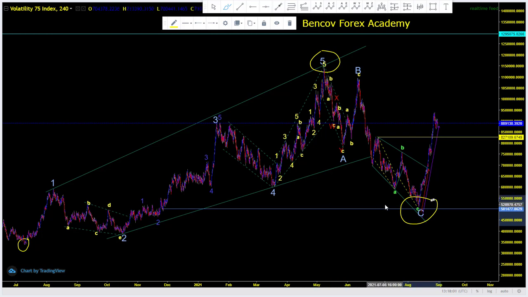We said that if the Fibonacci relationship between this and this should hold, then this would be wave 1 of a higher degree and this would be wave 2 of a higher degree, and what will be up from here will be a mega buy, a buy that is going to take a very long time.